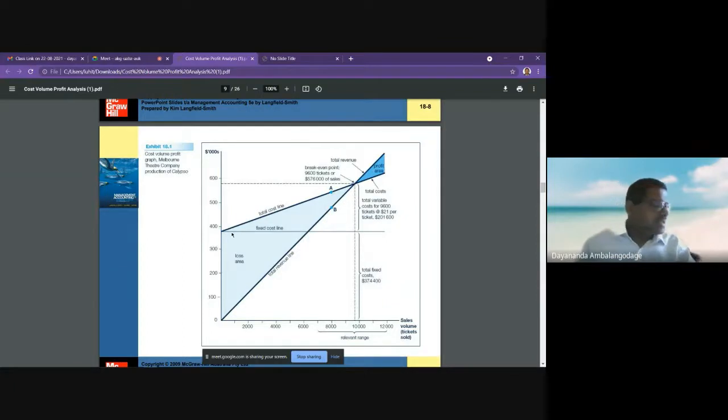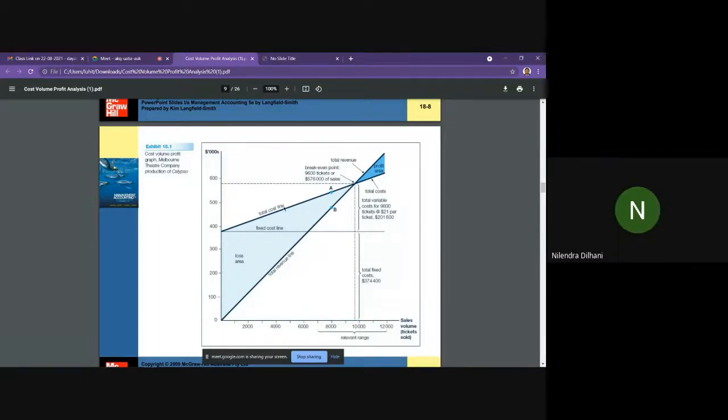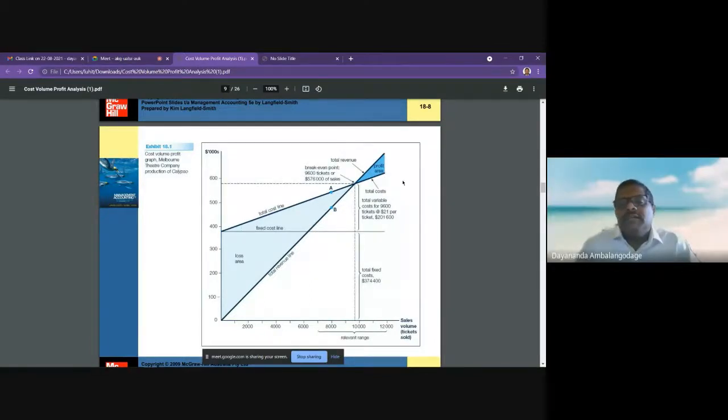Second one is unit variable cost remains constant. So thereby your cost curve is also linear. Now, for example, if you divide this by 0, you get the fixed cost, and any point you select here, if you divide it by the quantity, you get the unit variable cost.